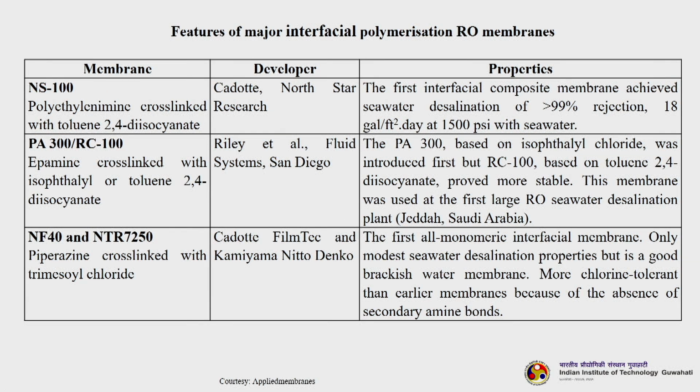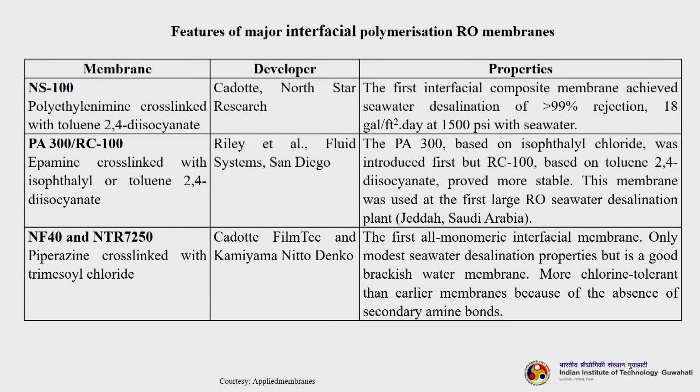Now, let us understand in a nutshell the features of major interfacial polymerization RO membranes which are commercially available. We will discuss 3 or 4 of these. The first one you can see is NS100, which is the brand name or trade name. The membrane material is polyethylene imine cross linked with toluene 2,4 diisocyanate.